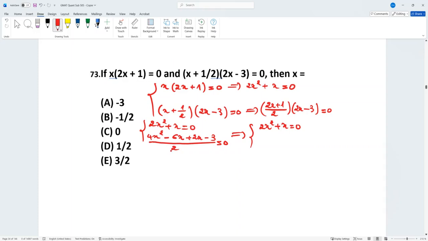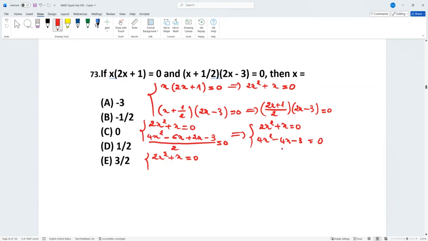So now here, simply going to be like 2x minus 4x minus 3, which is equal to 0. Okay, so we are going to have this.